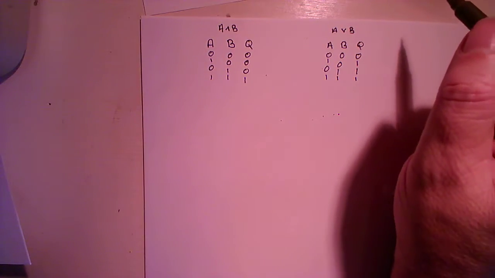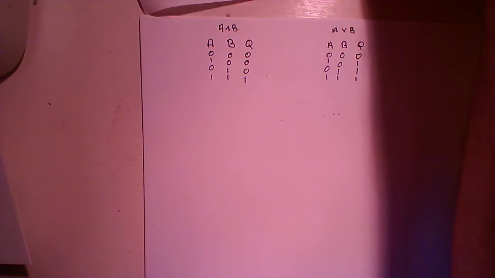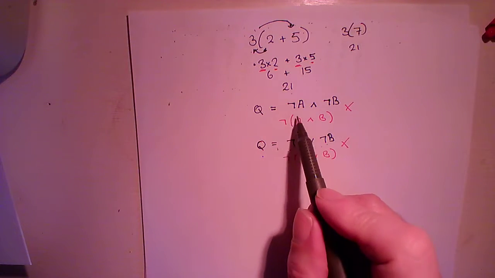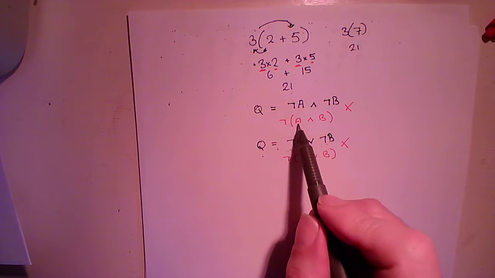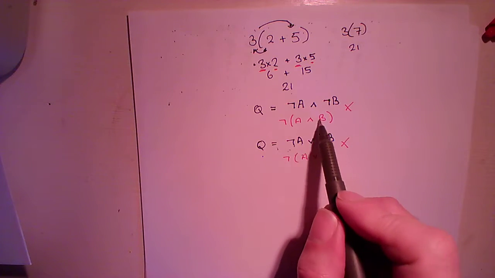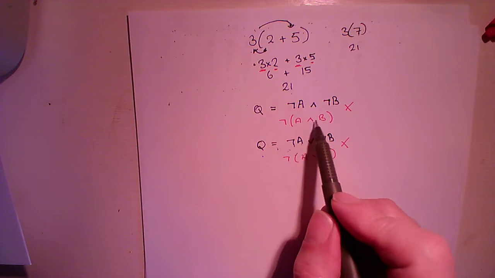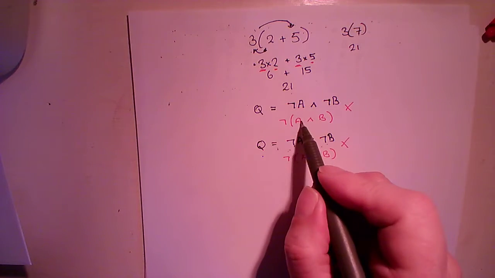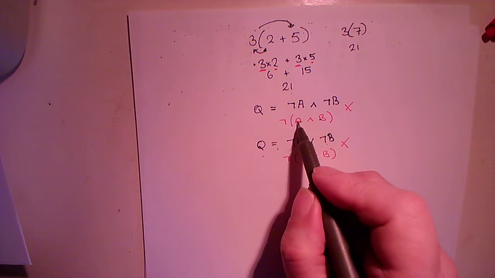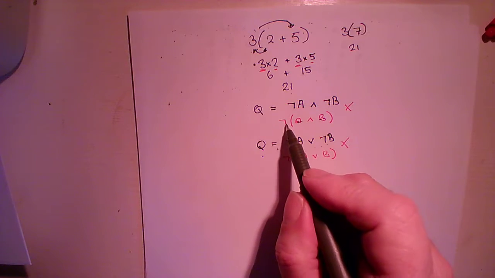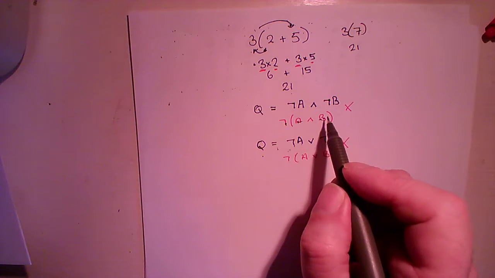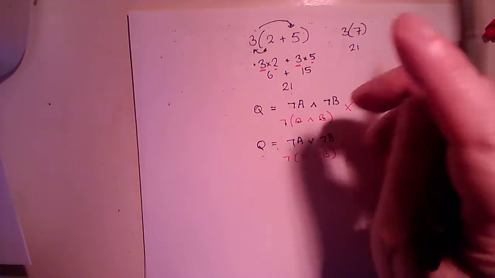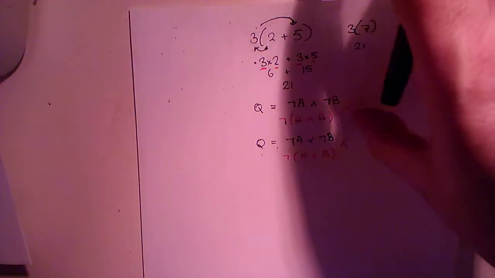Now let's think about this very carefully, because if I've got this version here, with my item in brackets, I am finding a solution to A and B, rather like I did there: 2 plus 5 is 7. So I am working out whatever is in the brackets, and then I am notting the result, whereas I worked everything out in the brackets here and then multiplied by what was on the outside.